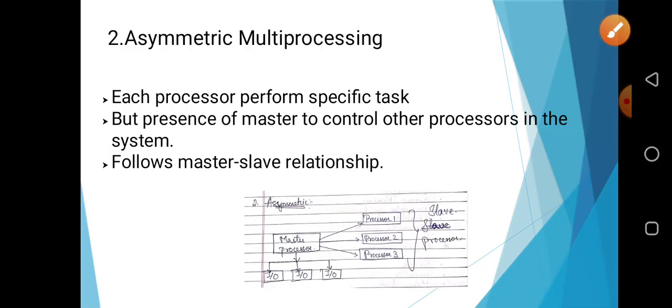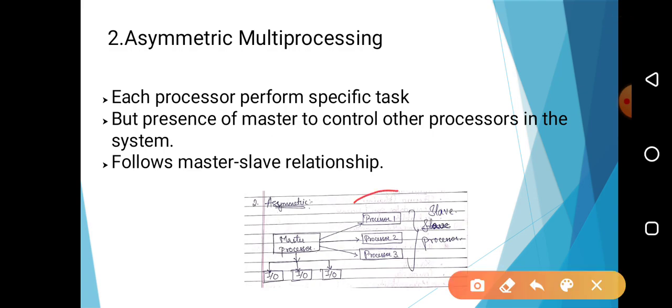The second type is asymmetric multiprocessing. In asymmetric multiprocessing, as shown in this figure, there are n number of processors connected with each other. But in case of an asymmetric multiprocessing system, it will act as a client server. That is, there is one master controller or master processor who is going to control all other processors inside the computer system.